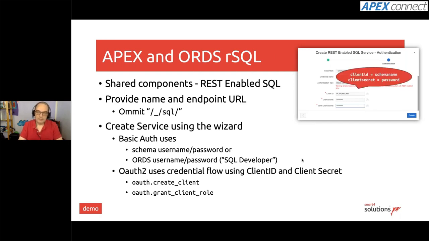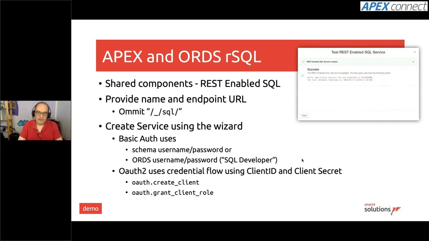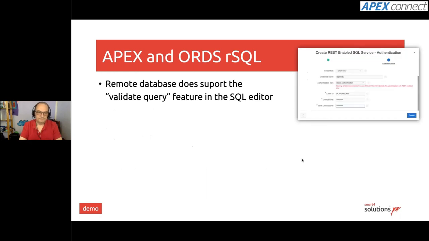Client ID is the schema name and client secret is the password. That's the minimum thing you need to do there. And then you will get the test result that it was successful. You even saw me using the validate query feature to see if the query is actually valid.